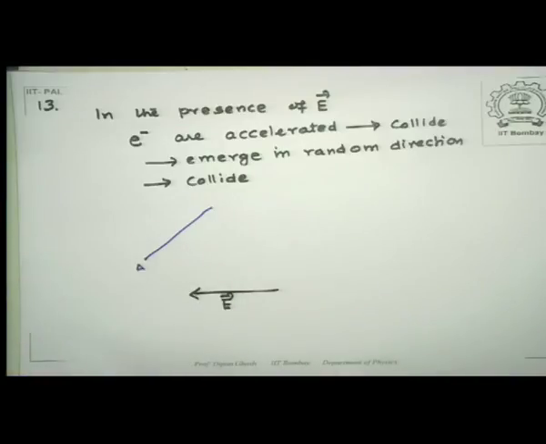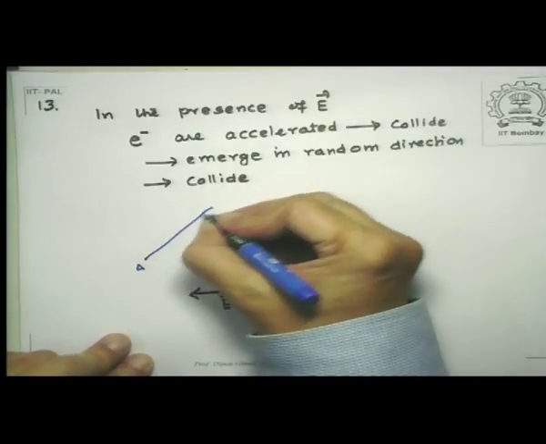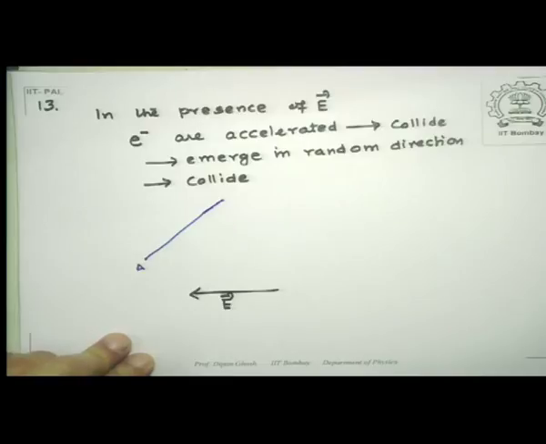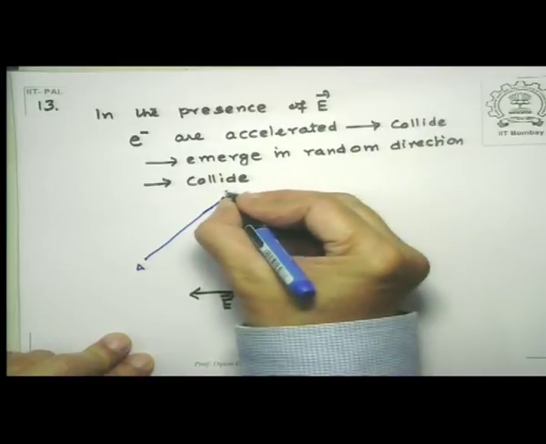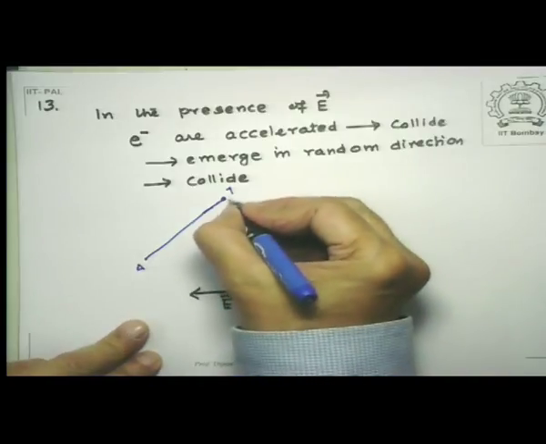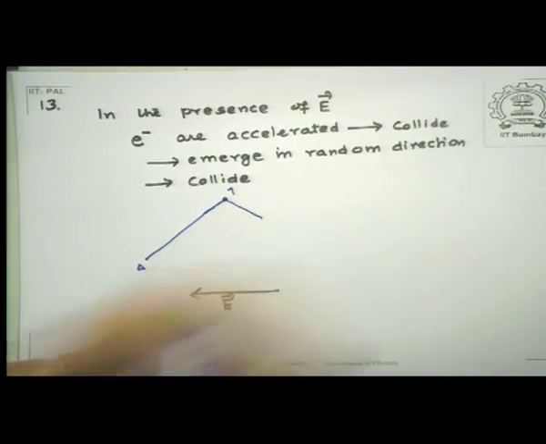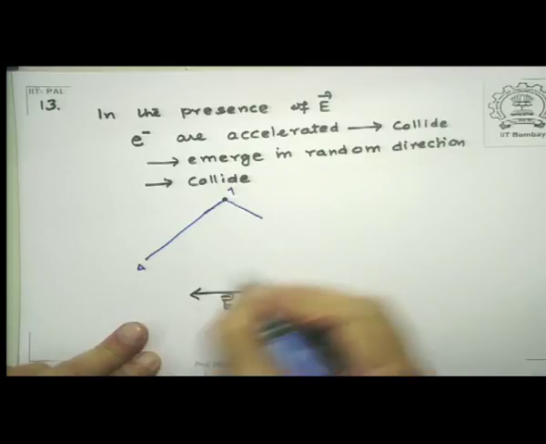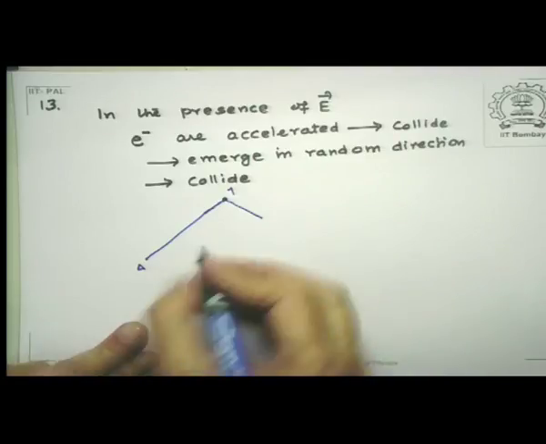Supposing the electron was directed like that, and it goes there. So this is, I will just call it atom number 1. It collides there and would emerge from there with a velocity direction changed, though there is not much change in its magnitude of the velocity.